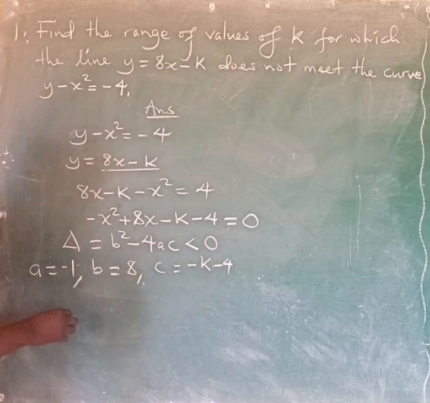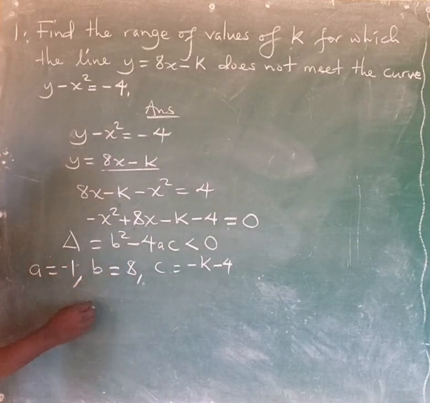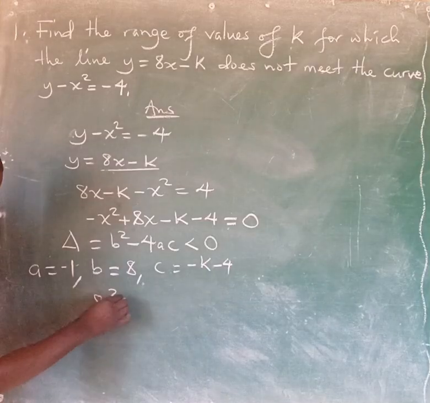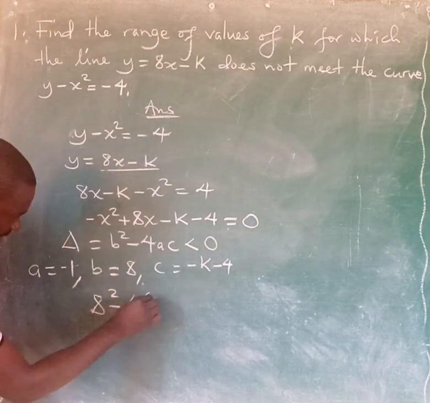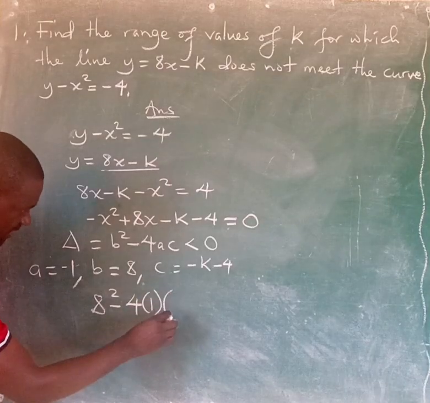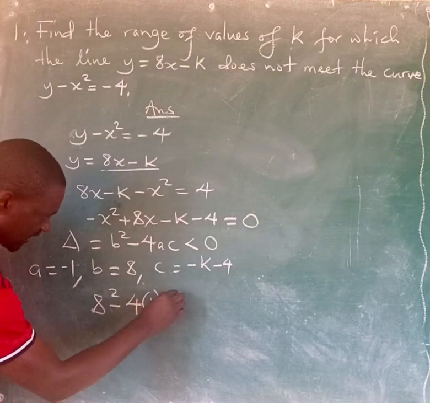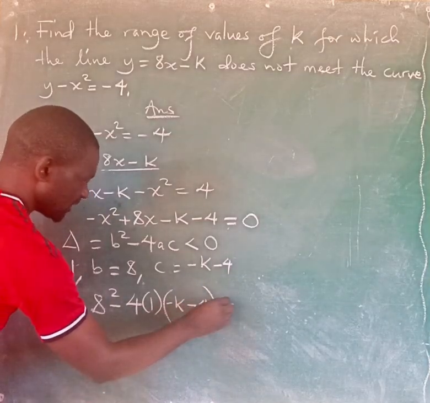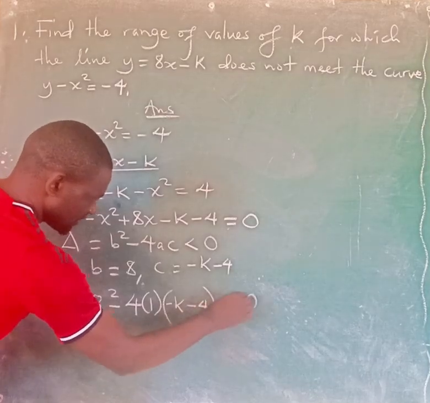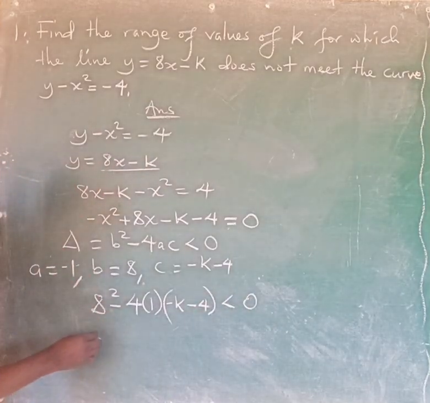So we now substitute. Where there is b, we put 8 and square it. Minus 4 is in the formula, this 4. Our a is -1, and our c is negative k minus 4, like that, and this should be less than 0. So let's simplify this one.